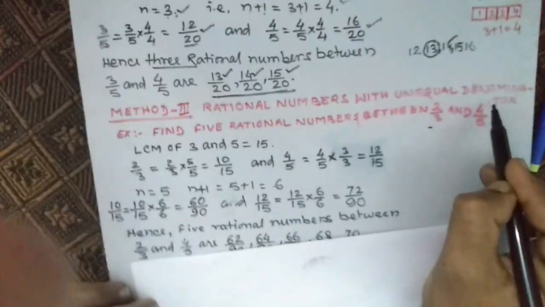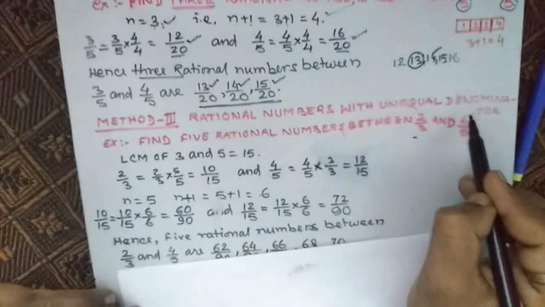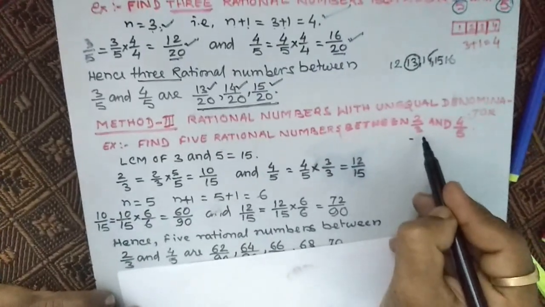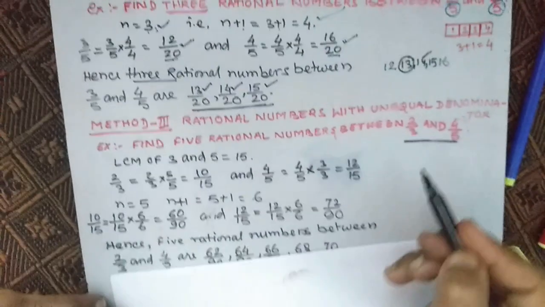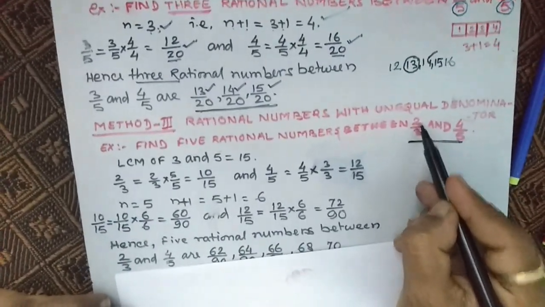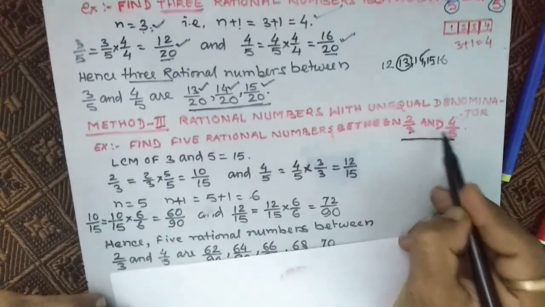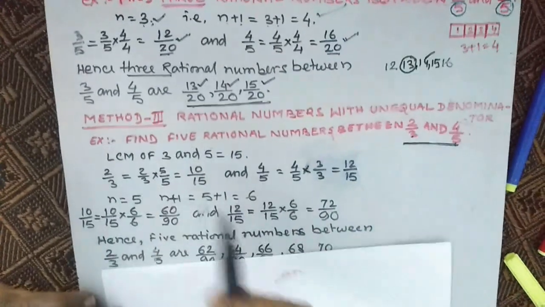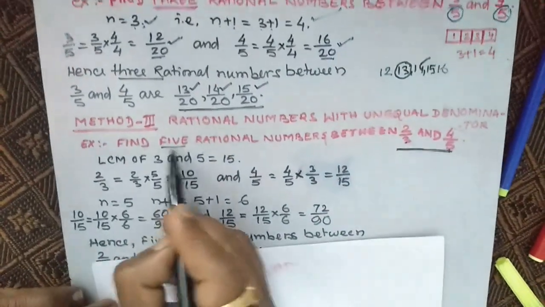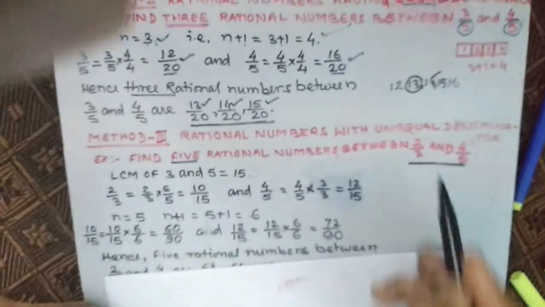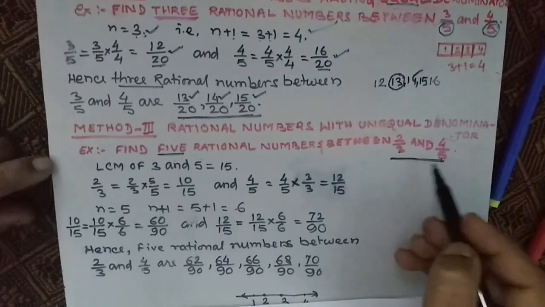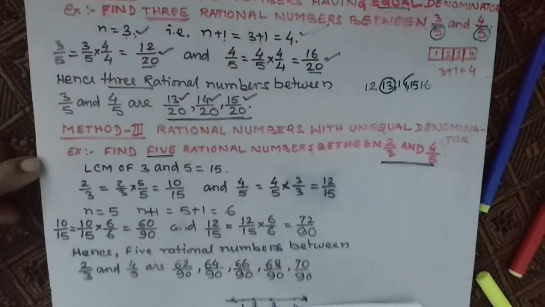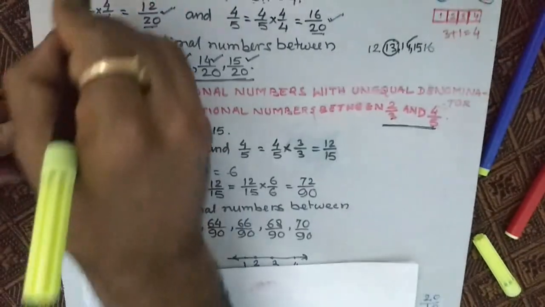Find the rational numbers between rational numbers having different denominators. Here I have taken one example: 2 by 3 is the first rational number and the second rational number is 4 by 5. You have to find 5 rational numbers in between. First of all, convert these 2 rational numbers to the same denominator like the second method.